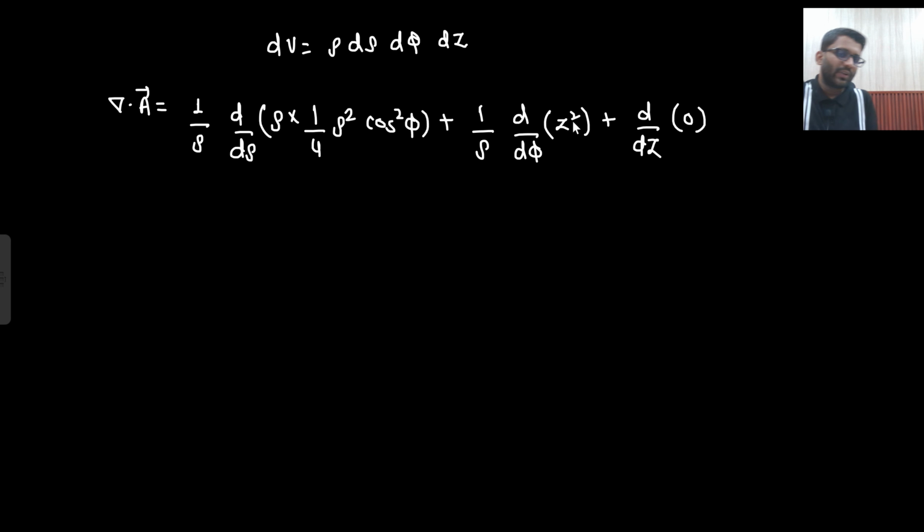In the examination, you are not going to write these terms, because you would know that d by d phi of z square will be 0. This will also be 0. So only this term I will take care of.